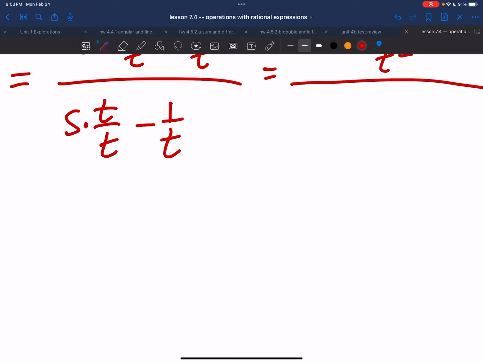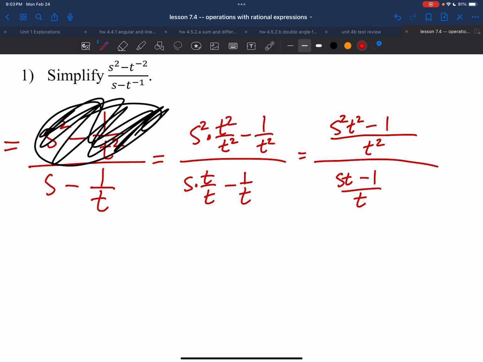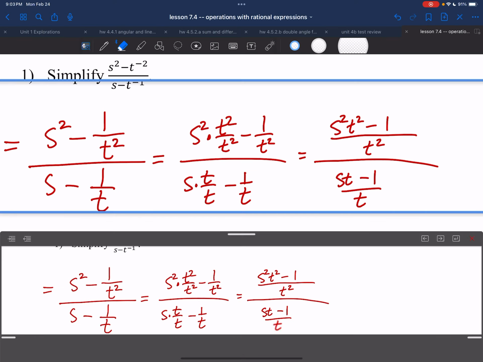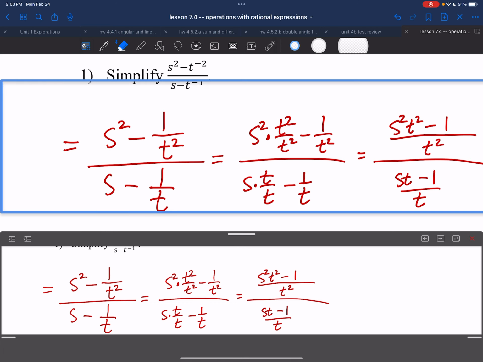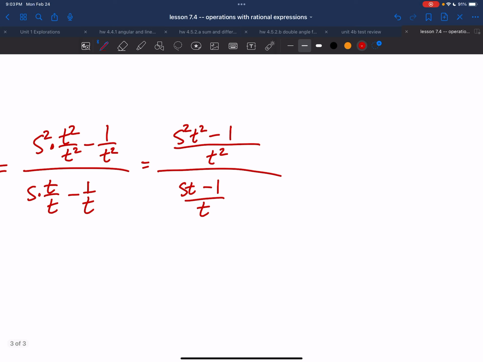And because they're both over t, the numerator of the first fraction is st, and the other fraction is minus 1. So I've handled both of these fractions individually.